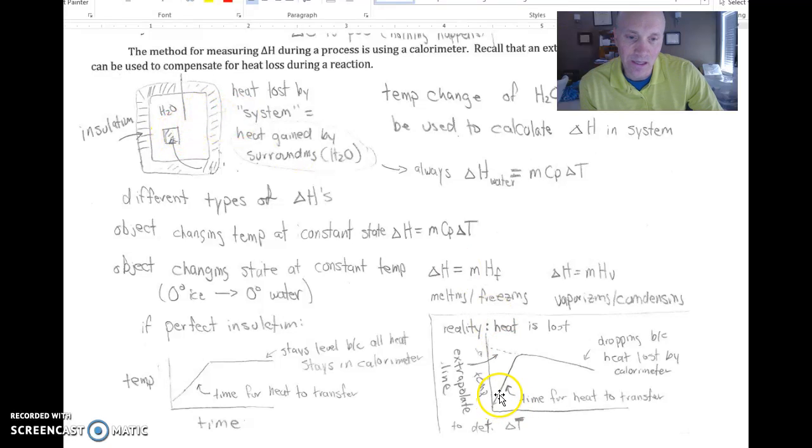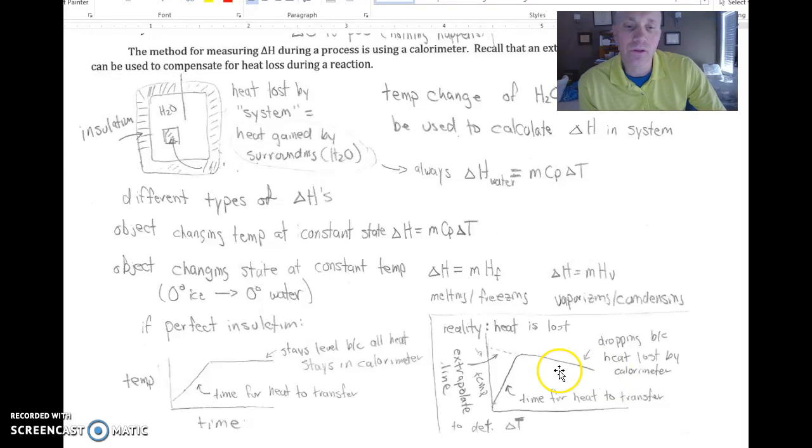So in the beginning, you get an increase in the temperature, but once the heat loss to the outside outpaces the heat gain from your hot object, that's when it levels off, and eventually the heat loss is going to be significantly larger than any heat given off by your material, and the temperature is going to start dropping.